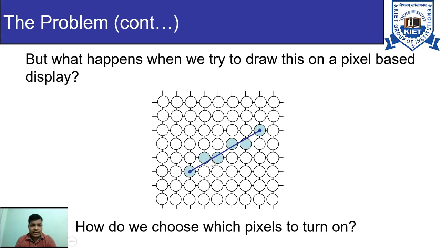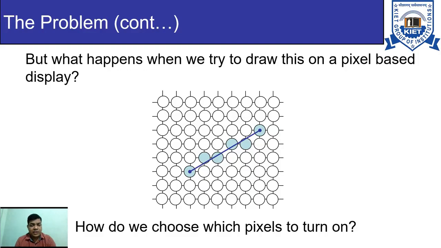And here the question arises, which pixel we have to activate. If you activate all the pixels the line crosses simultaneously, then obviously the line does not look like a straight line.